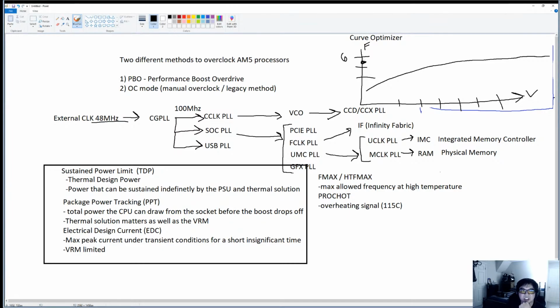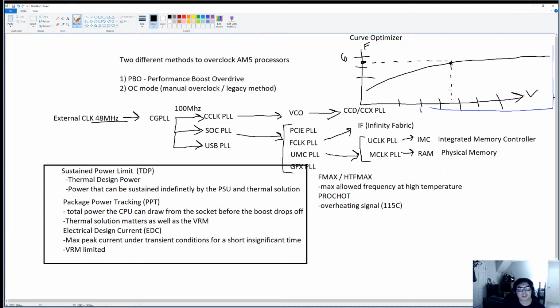For example, if this is 5.8 gigahertz and I want to see if I can do this at stock, let's say this is the stock curve, it means that for 5.8 I need this amount of voltage, whatever that number may be, because it's different for every CPU. It's all based on the silicon lottery. Every CPU has its own frequency to voltage curve.